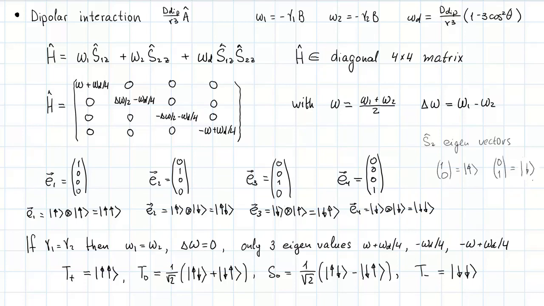As you can see, T plus, T0 and T minus are symmetric and correspond to the triplet state, and S0 is the antisymmetric eigenvector and corresponds to the singlet state.